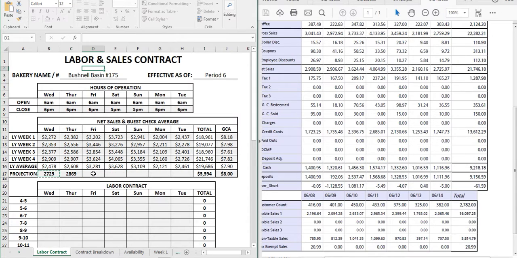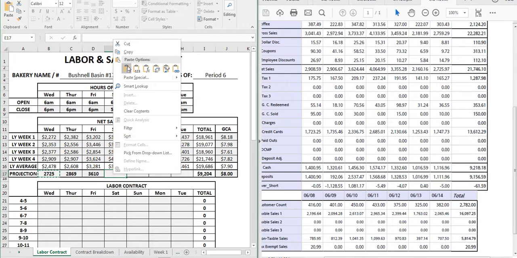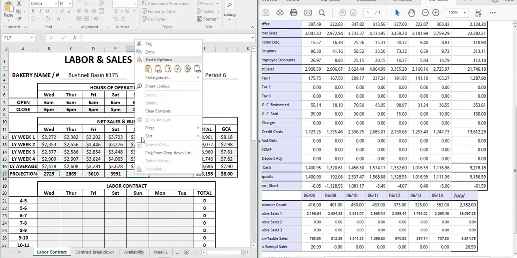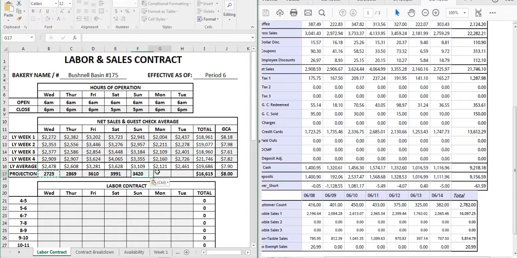Just click on the cell, right click, paste, paste. Boom.